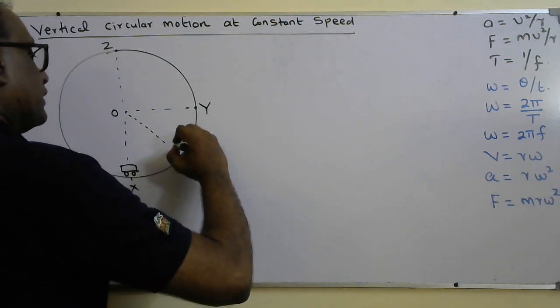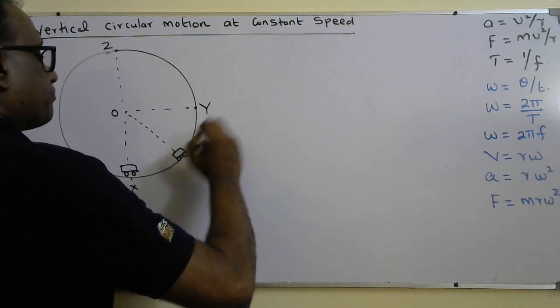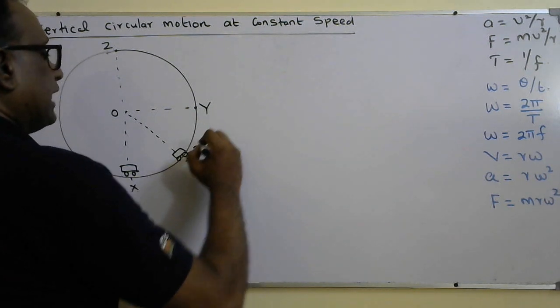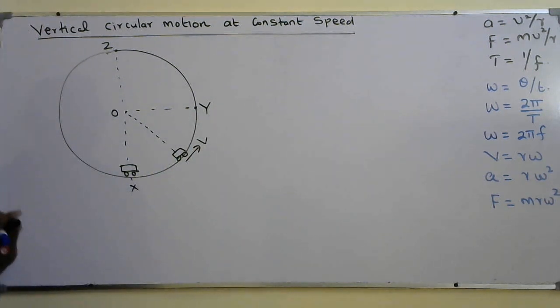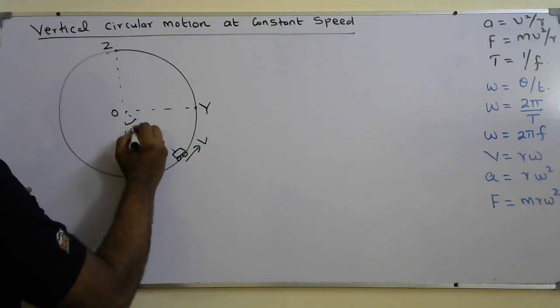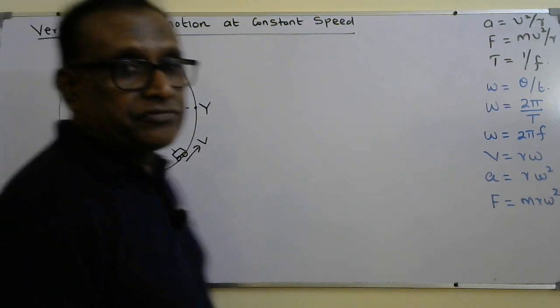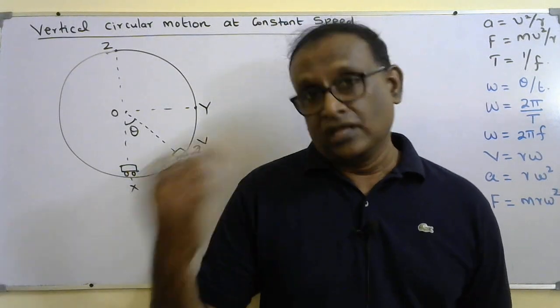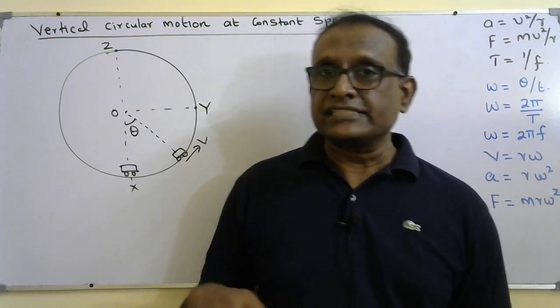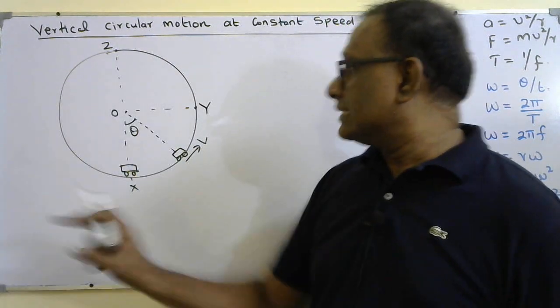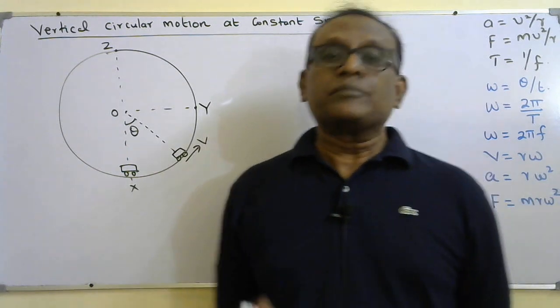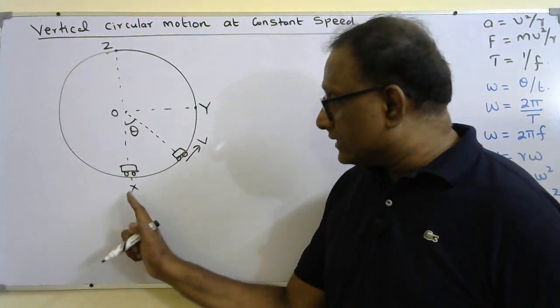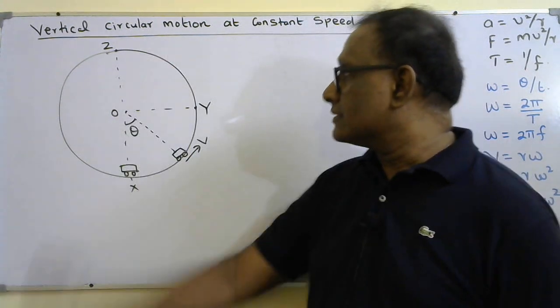We can say it's moving at a constant speed V at this position. Then we'll get a general equation in terms of theta. Then we find the specific values of the normal reactions at X, Y, and Z by substituting the proper values of theta at these positions.